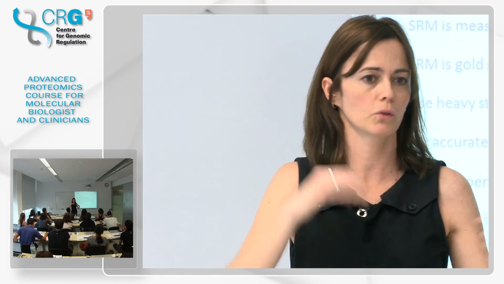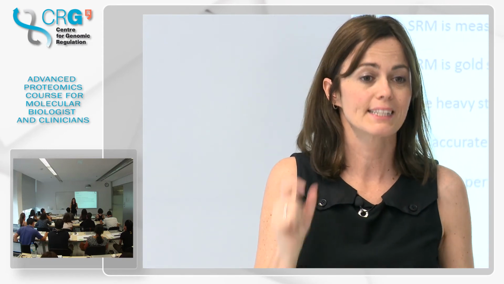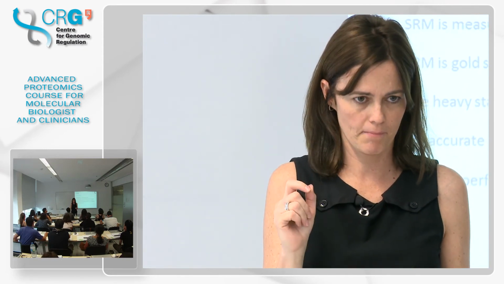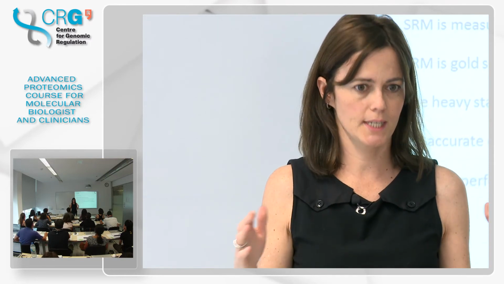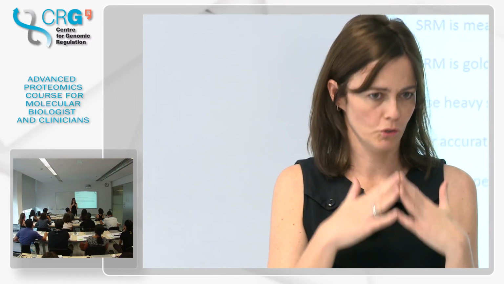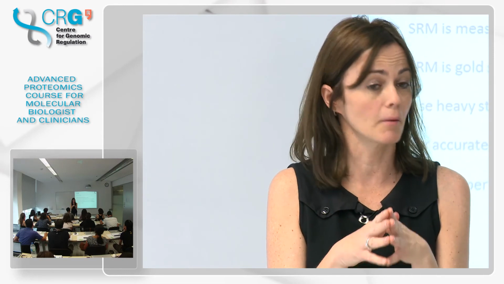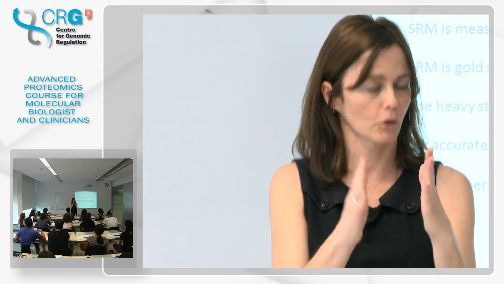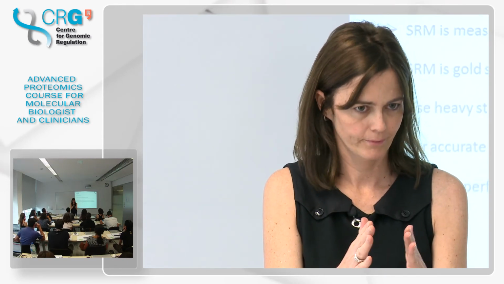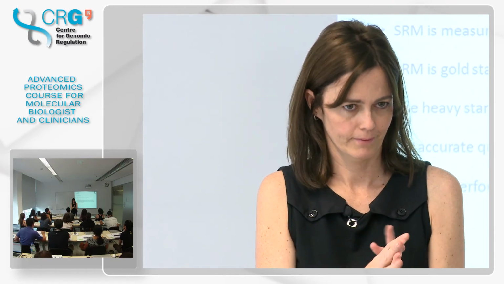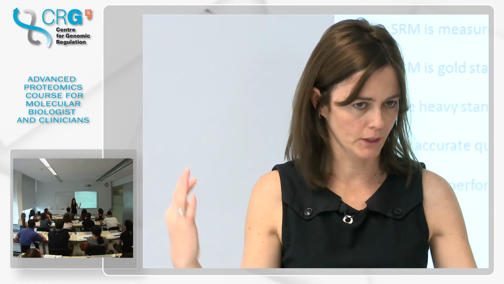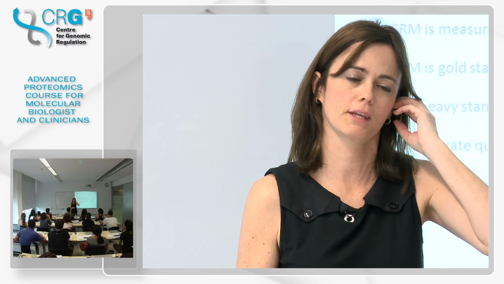Or you can do, that is what people do, scheduled SRM, in which you only monitor the transitions in the minutes that you know they are going to come out. So you are allowing more time and you can measure more things.